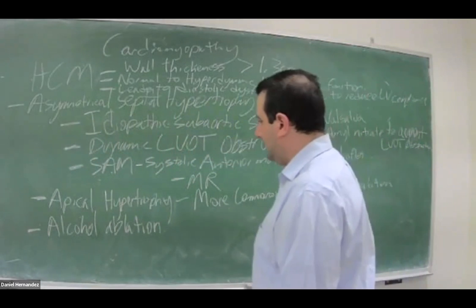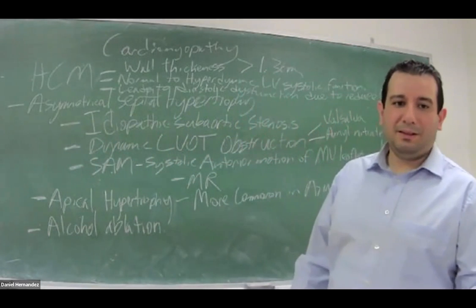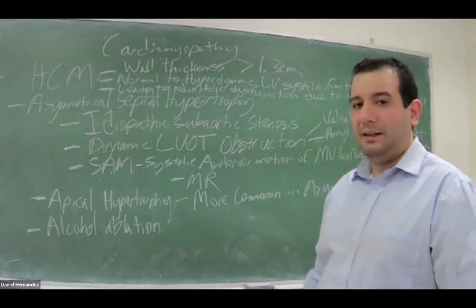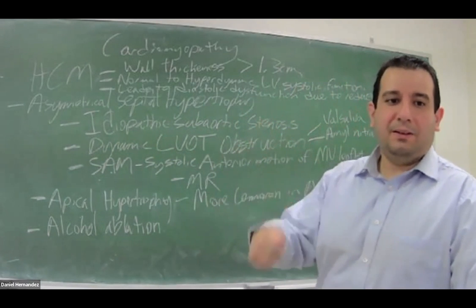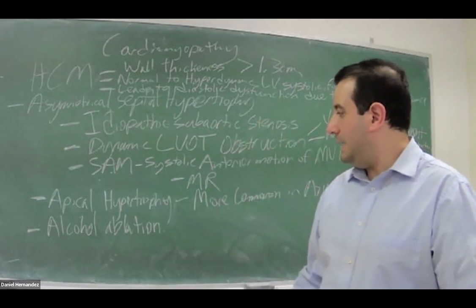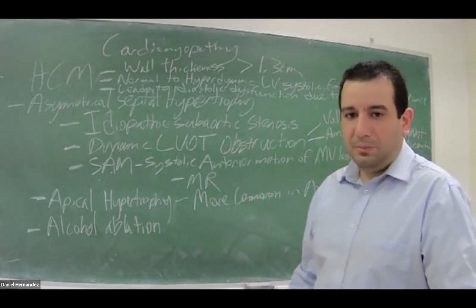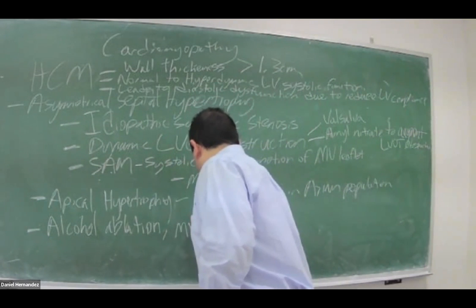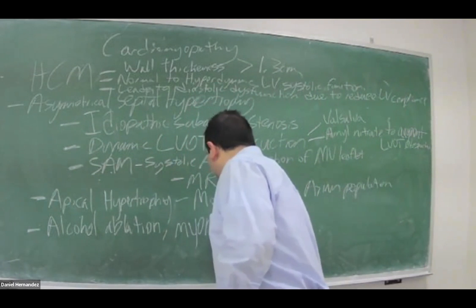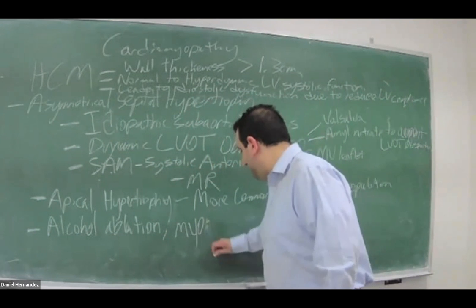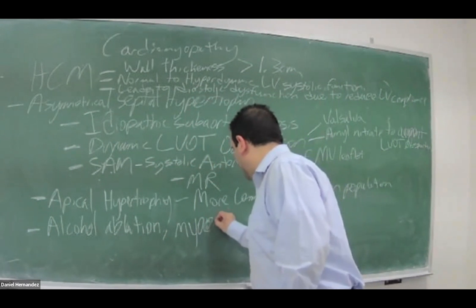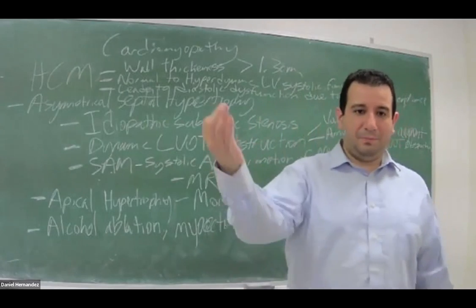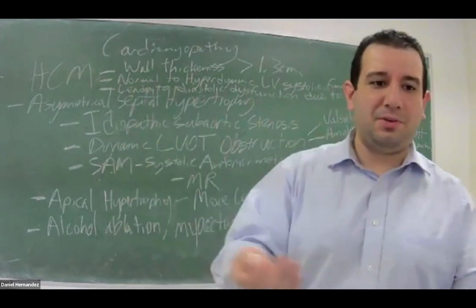So I go in with a little needle into the thickened areas and insert this ethylene alcohol that actually destroys the tissue and thins it out. So that's alcohol ablation. They can also do a myectomy.